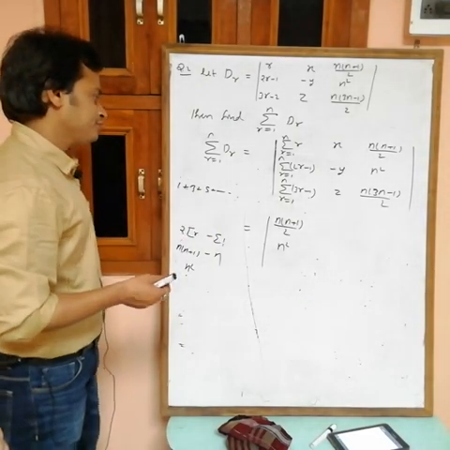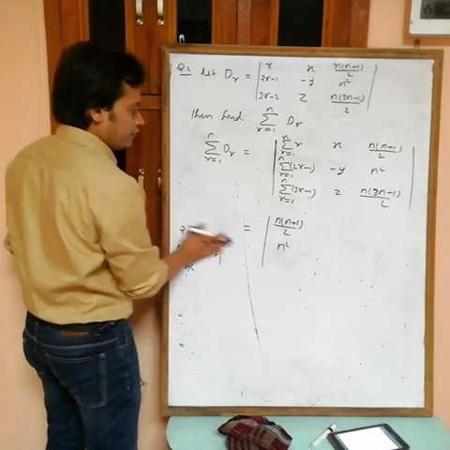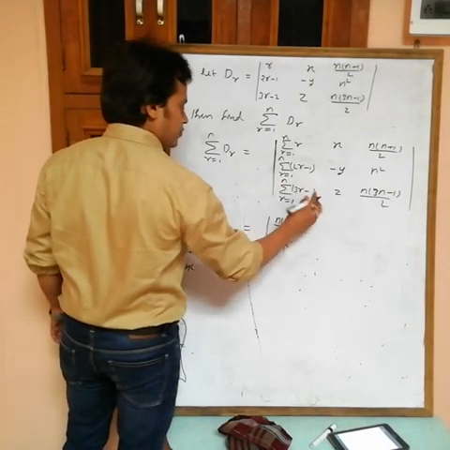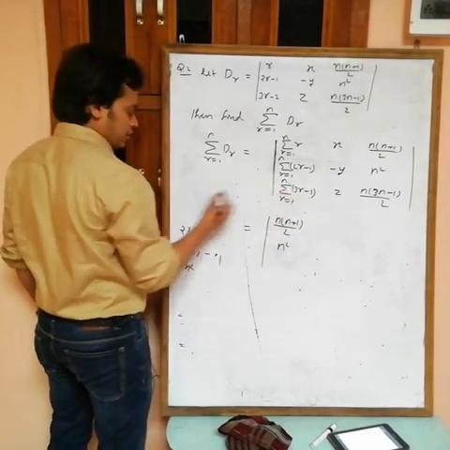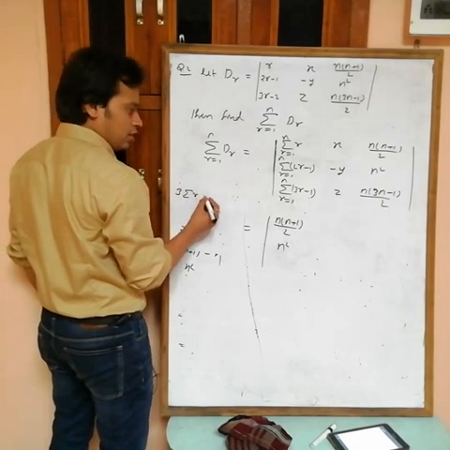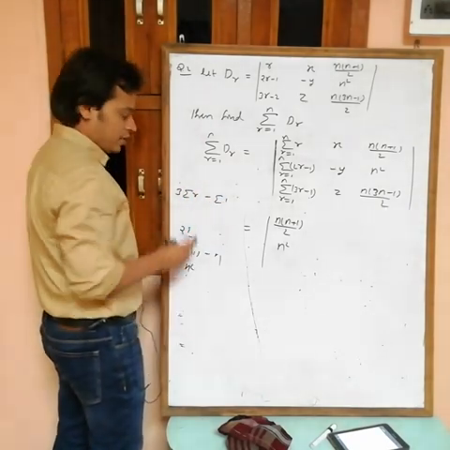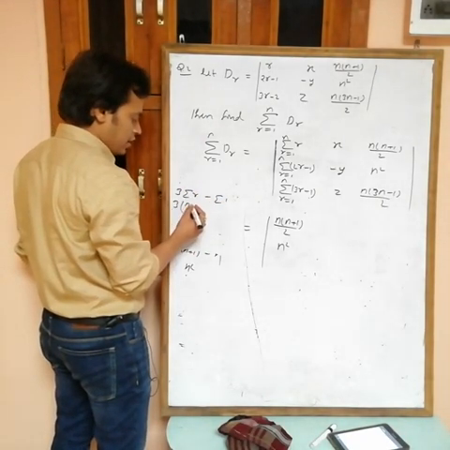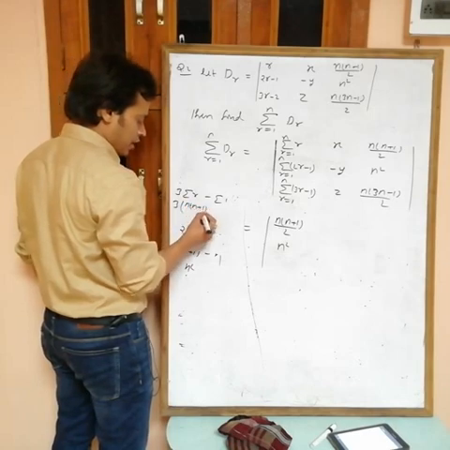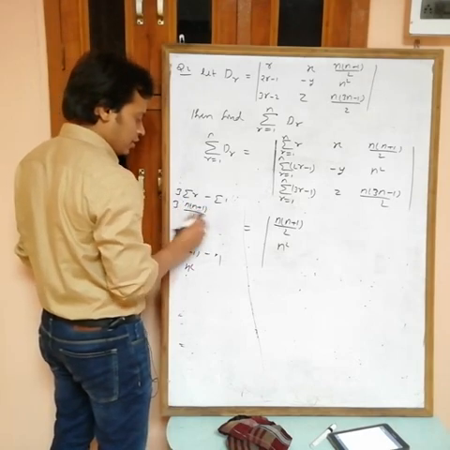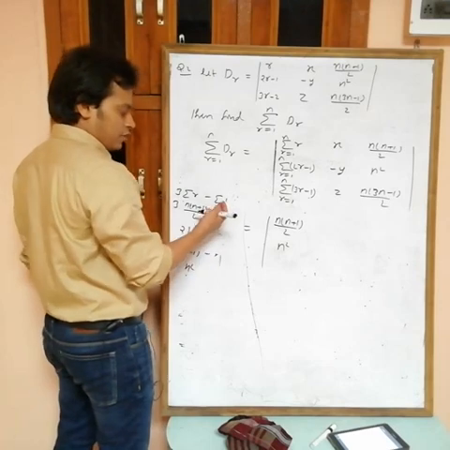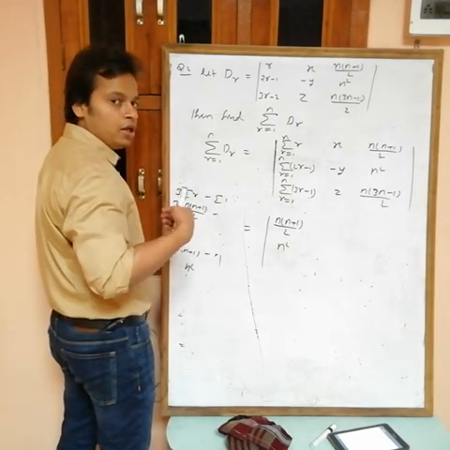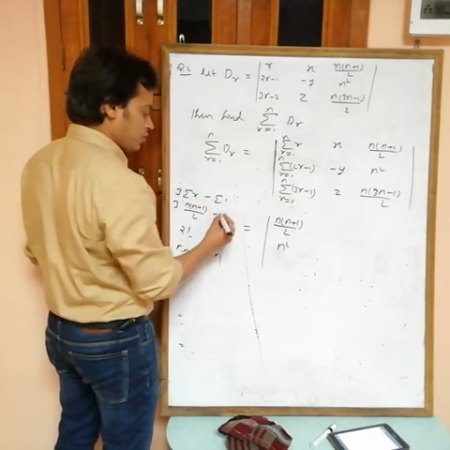Now find the value of this one. Here we have 3r minus 1. Sigma 3r means 3 sigma r, and minus sigma 1. Sigma r value is n into n plus 1 by 2, and minus 1, r equals 1 to n. If you are adding 1 up to n times, then sigma 1 is n.